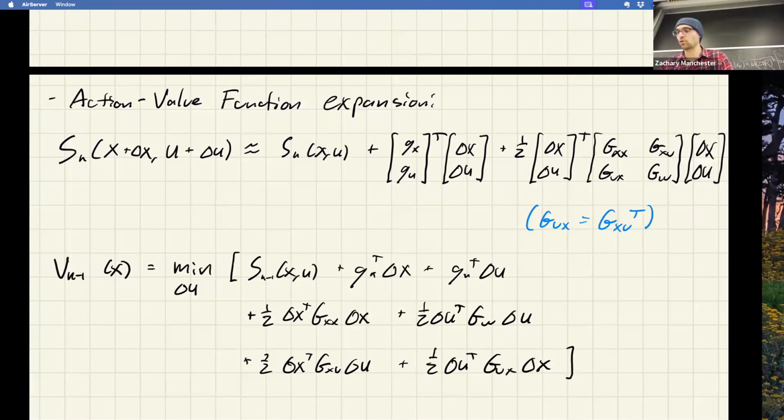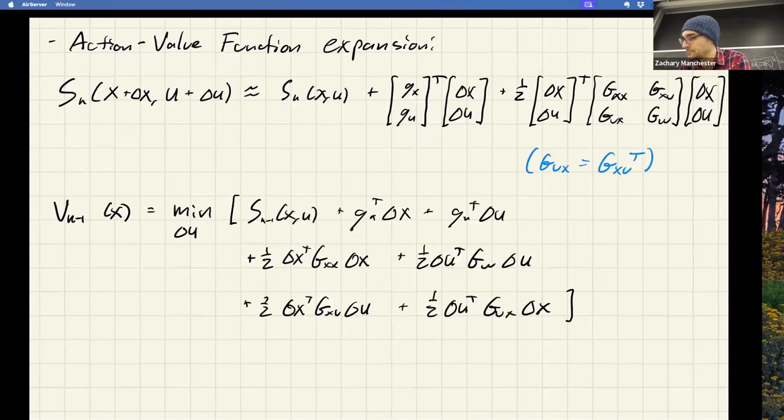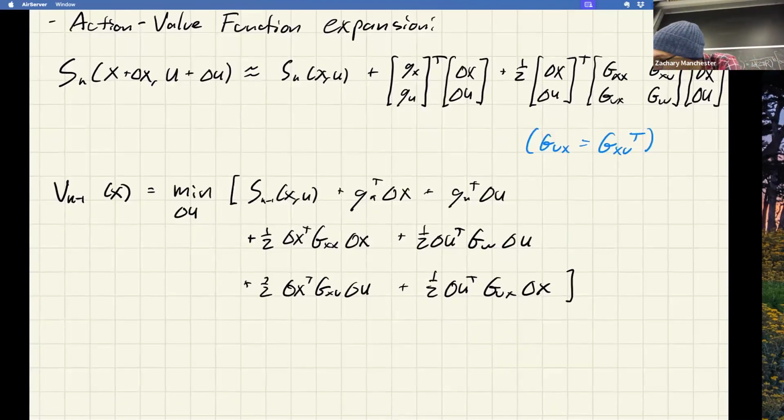And then this looks pretty much exactly like what we did before with Riccati. I'm just going to take the gradient with respect to delta u and set it equal to 0. So to save myself some writing, I'm just going to write out grad with respect to delta u of this thing. And this is really simple now.